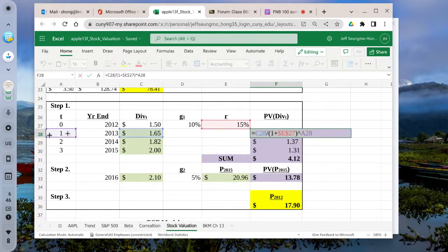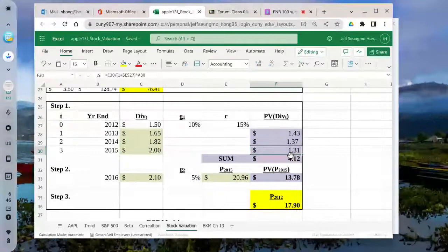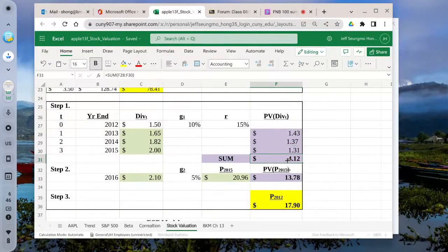So finding present value, the same thing: you discount it by this once, and if you drag it down, it's going to automatically fill. And then the sum of all of these present values, that's $4.12.